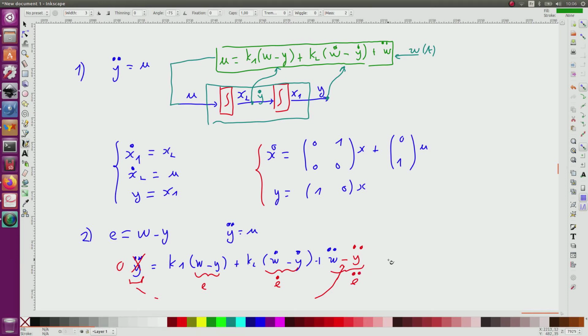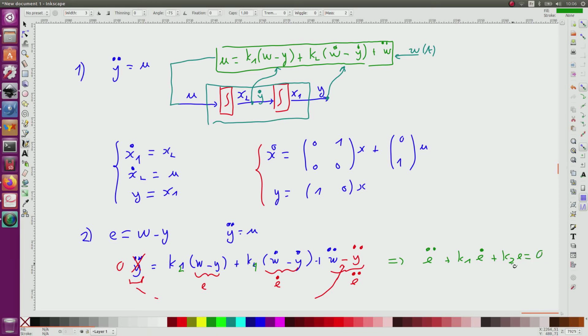As a consequence, I get the differential equation for the error, which tells me that e dot dot plus k2 e dot plus k1 e equals 0.